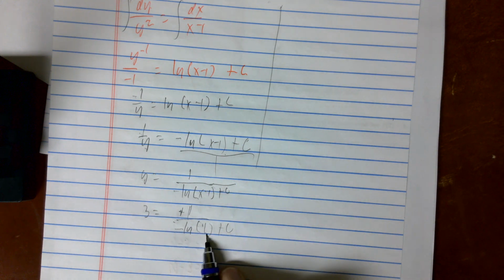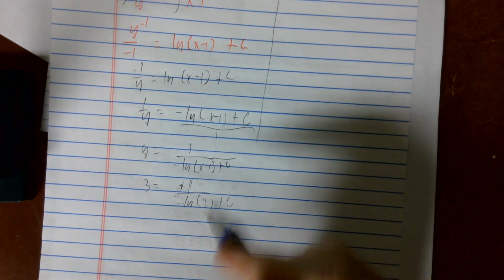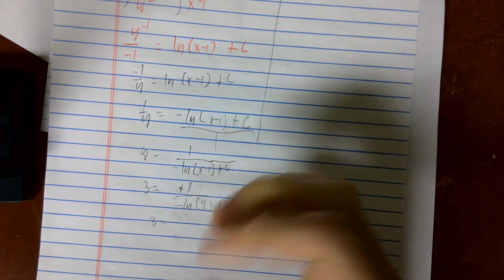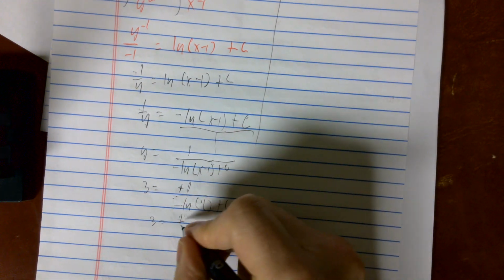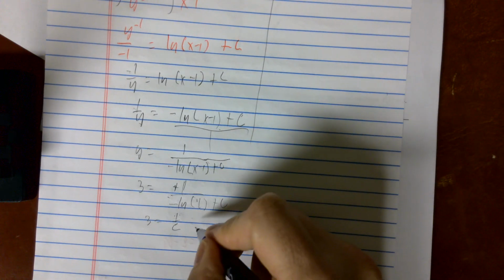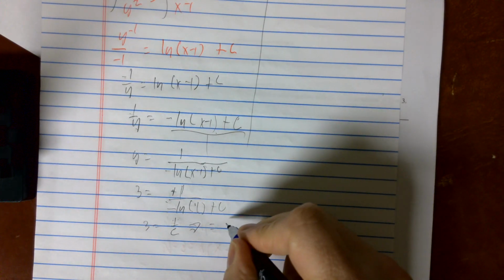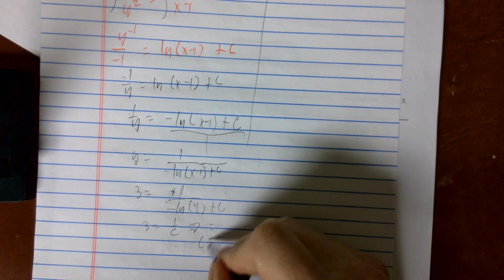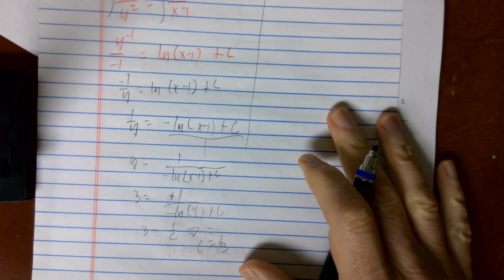Well, natural log of 1 is 0. So I end up with 3 is equal to 1 over c. So this tells me that c is equal to 1/3.